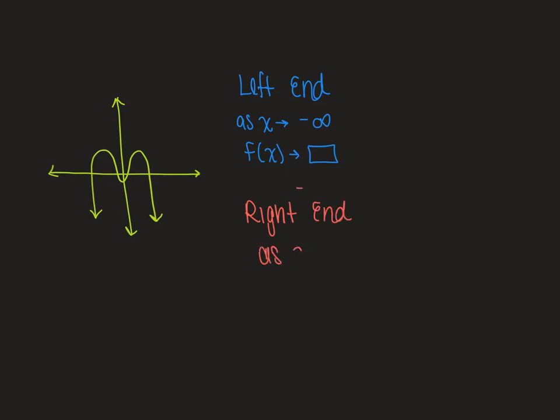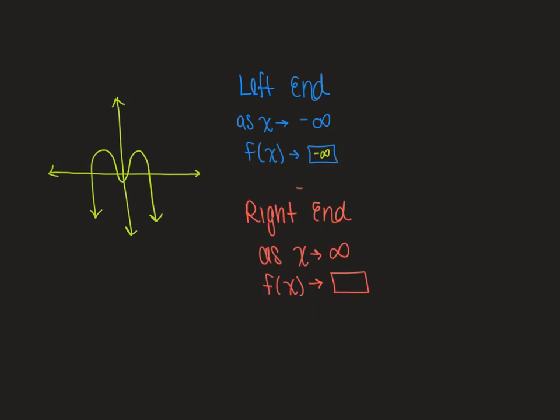Same idea, but now as x is approaching infinity, f of x is approaching something else. So we can look at our graph now. As we're going to the left, you can see that my graph is pointing downwards. So that means that as it's going to the left, it's going to negative infinity.